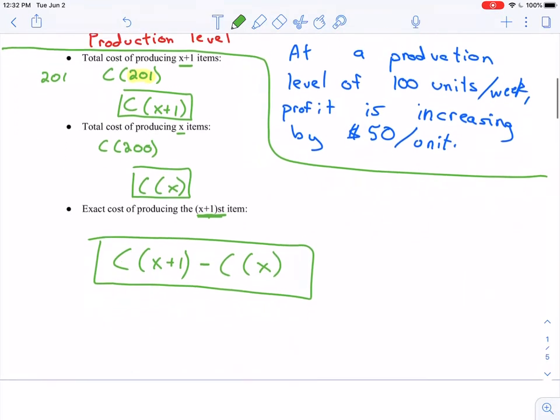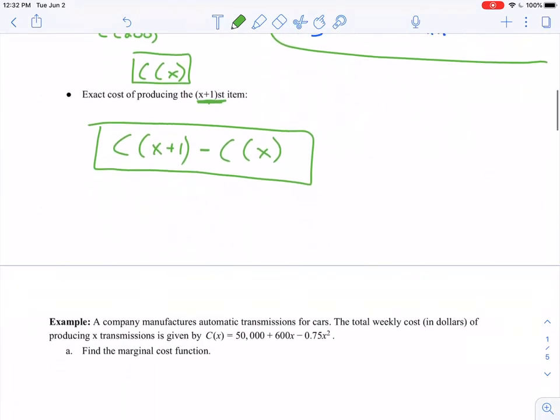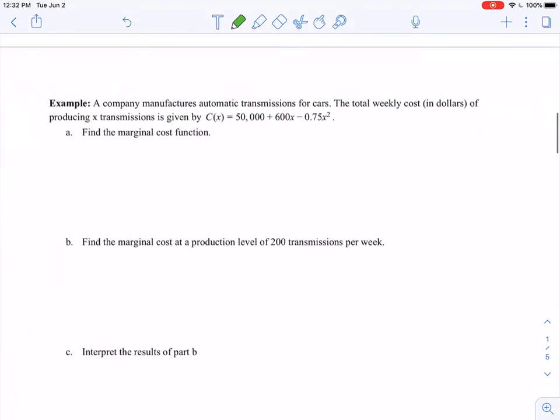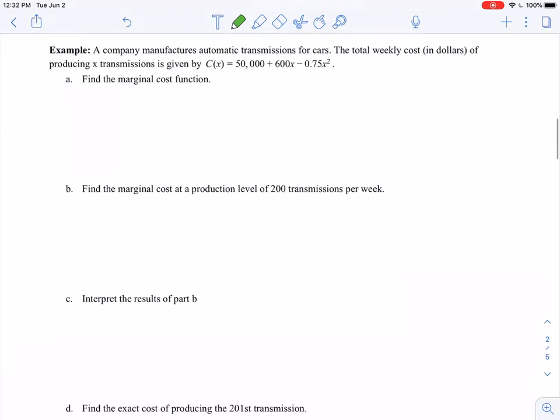So let's take a look at an example here. Let's see if we can use some of this information. We have a company that manufactures automatic transmissions for cars. The total weekly cost in dollars of producing X transmissions is given by C of X equals 50,000 plus 600X minus 0.75X squared.